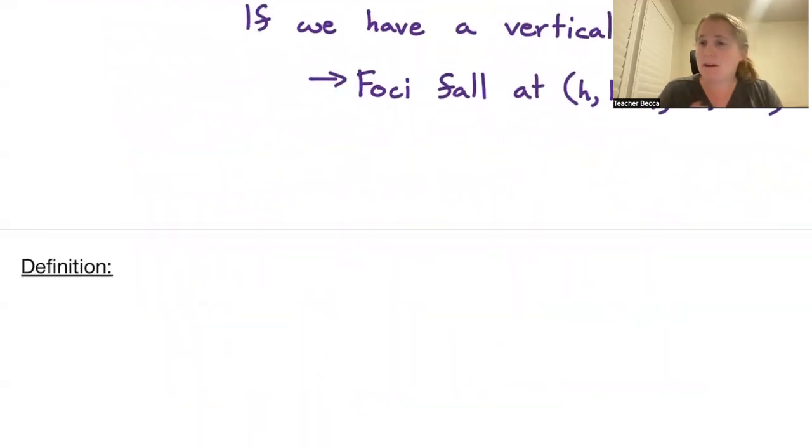So from here, we get a measure of something called eccentricity.